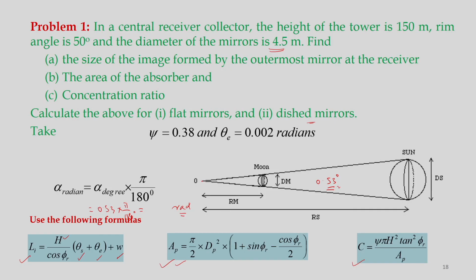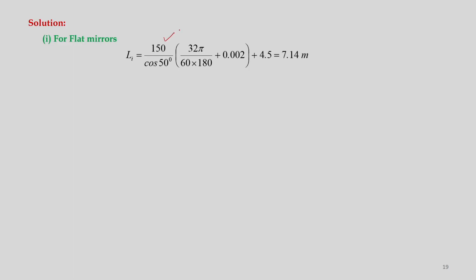So, we will take case by case. Let us consider the first case for flat mirrors. So, Li, if we substitute those values, h is known to us, and this value 32 by 60 is nothing but 0.53 into pi by 180, and this angle is always in radian, which is given to us, and the diameter is given.